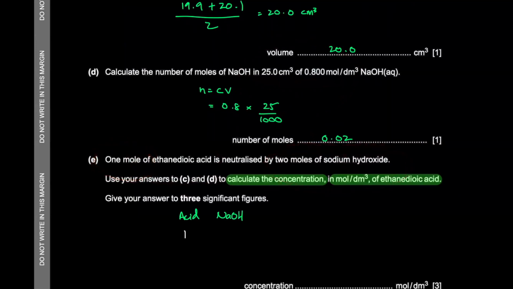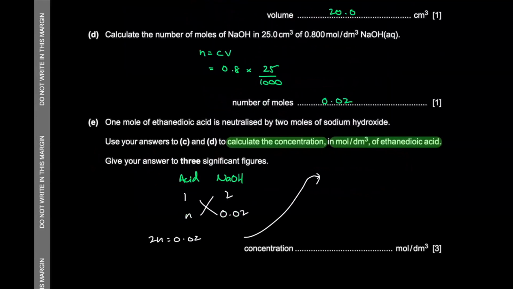So that's the ratio. We know we have 0.02 moles of hydroxide. So how many moles of acid do we have? Cross multiply, you get 2n is equal to 0.02. That gives you n is equal to 0.01 moles of acid.